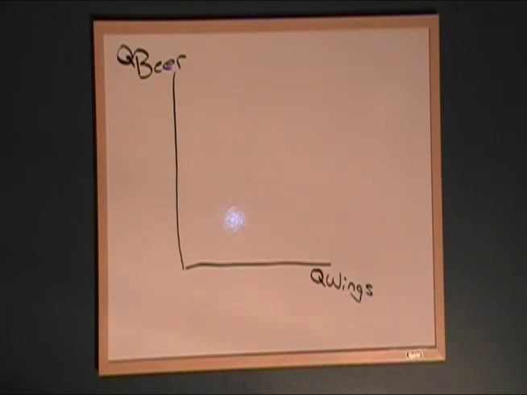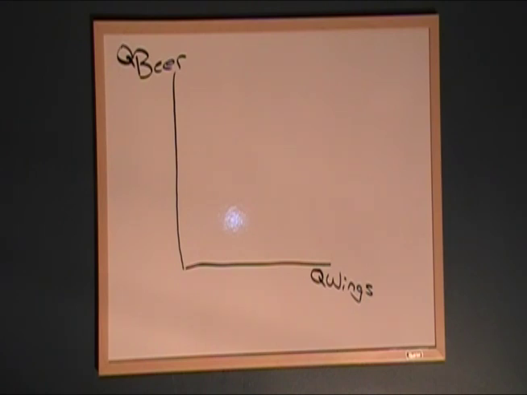In this case, what do we use to procure beer and wings? Money. We have dollars that we're going to spend on beer and on chicken wings. So there has to be a certain amount of money that we have to our name. It could be what's in your wallet, it could be what's in your bank account, it could be your credit limit. Whatever, that's what you can spend.